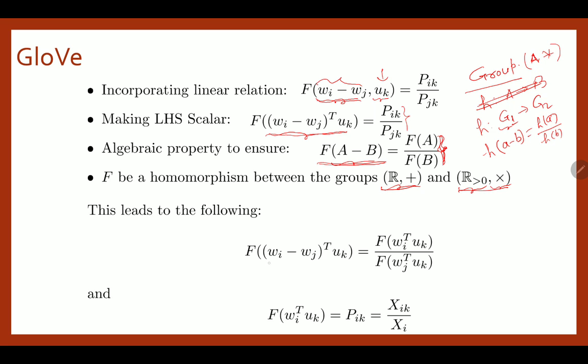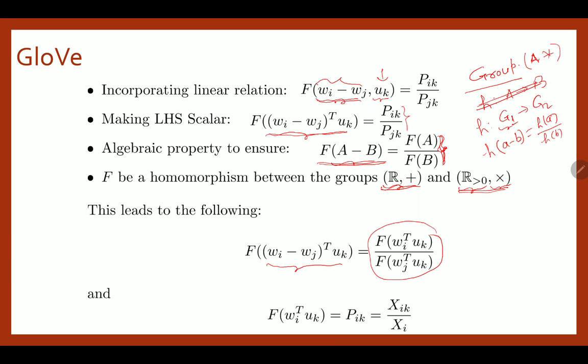Essentially, this operation is Wi transpose Uk minus Wj transpose Uk. That is being performed on this group R, and it has to preserve the group operation of this.